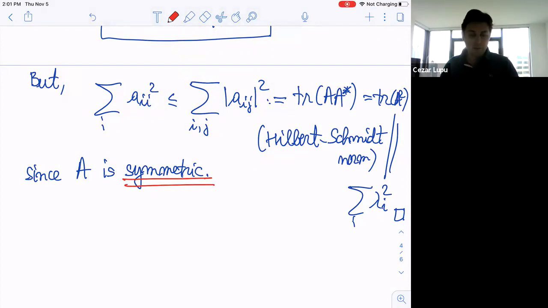But usually, I want to point out something. Let me point out this remark, and with this, I will stop here.